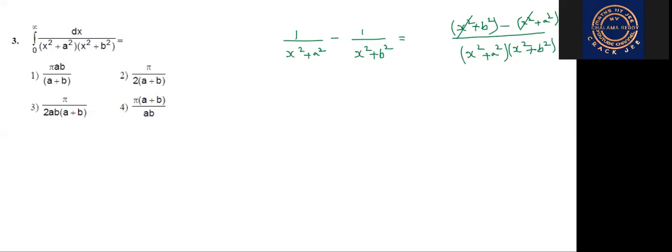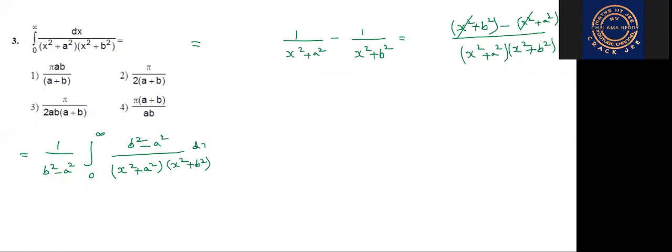That is not there in the question. So what do we have to do? Divide and multiply. So 1 by b square minus a square, integration 0 to infinity, b square minus a square divided by x square plus a square into x square plus b square.